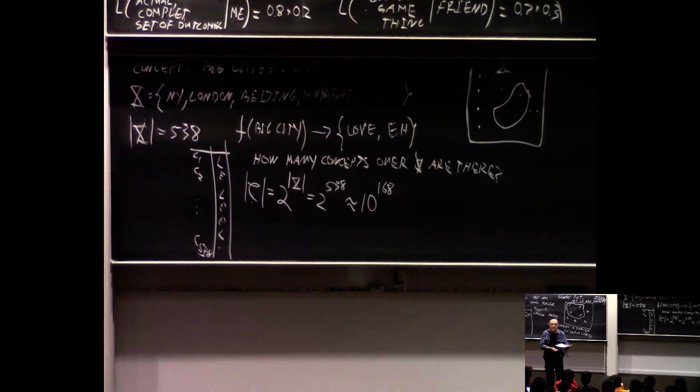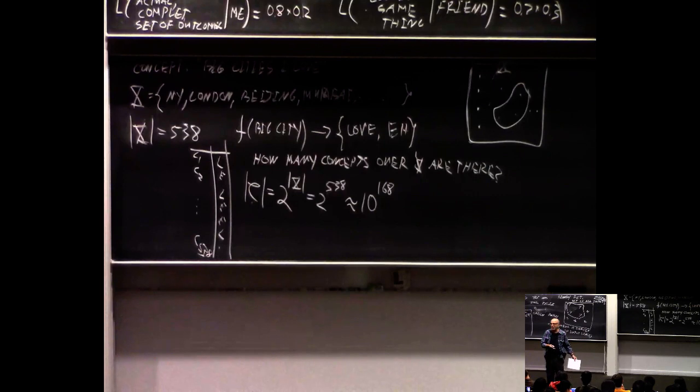And this is a simple problem with an input space that's very easily enumerable. 538 is a small number. So the take-home message is that even for very, very simple problems with very small input spaces, the number of possible functions is astronomical. Literally. So we have a problem.